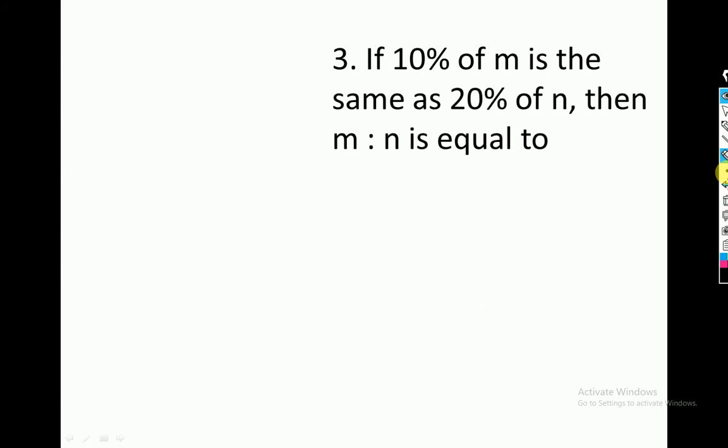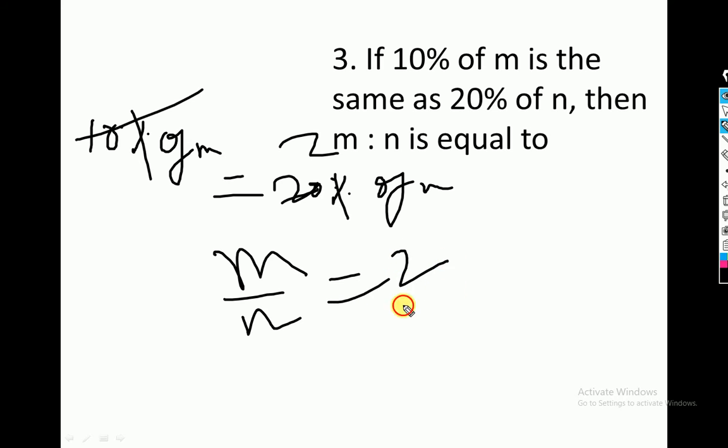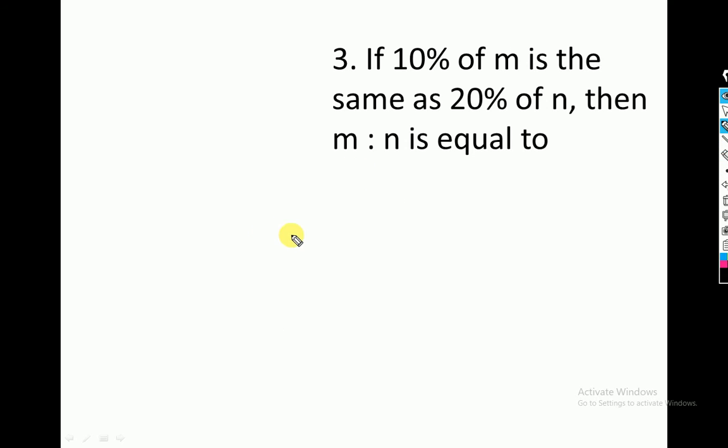If you don't want to do it in the traditional form, you can also do it like this. 10% of m equals 20% of n. The percentages cancel out. 10 with 20 gives us 2, so m by n gives 2 by 1. If you're not sure about cancelling out the percentages, it works like this: percentage means 1 by 100.